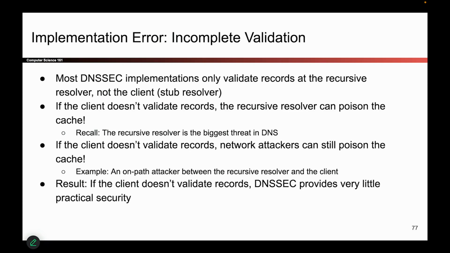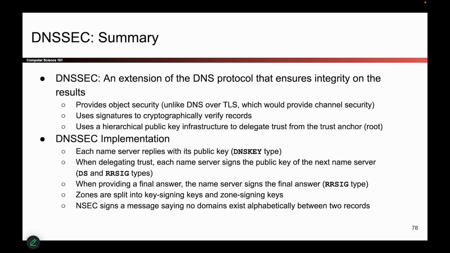So if you really want DNSSEC to provide the security that it promises, you have to verify the records yourself. Your computer should be doing the verifying. You shouldn't outsource the verifying to someone that you don't trust. That's an example of the scheme being secure in theory, but not in practice if you forget to actually verify the records.